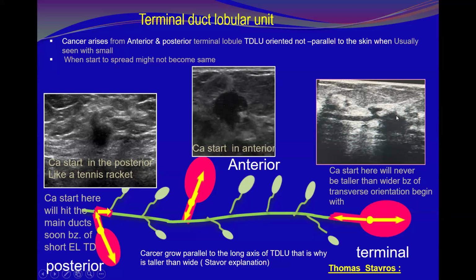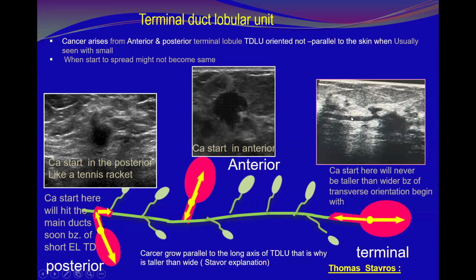It's still small. Okay, but if you look here, the transverse dimension is greater than the anteroposterior dimension. So it is horizontally oriented. It is parallel. But obviously, if we look here, can you see the segmental duct and the extension here?